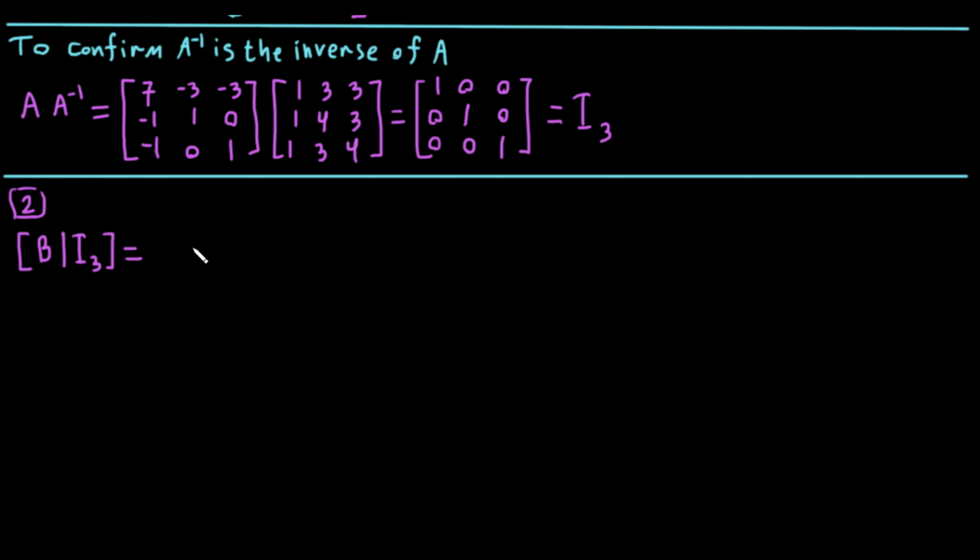Now I will paste B. So we have here B. Now I will put a line here, then I will put here the identity: 1 0 0, 0 1 0, 0 0 1.